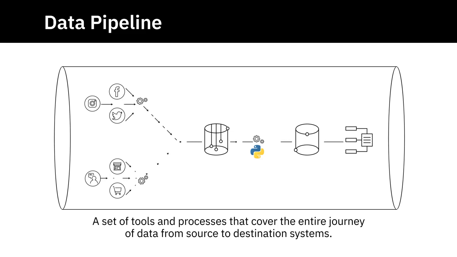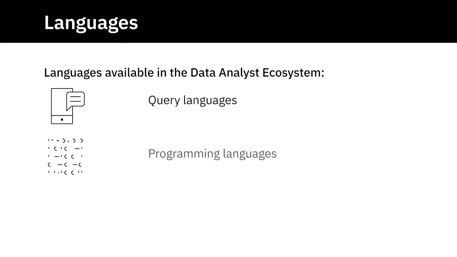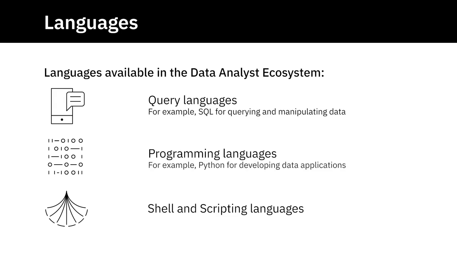The ecosystem also includes languages that can be classified as query languages, programming languages, and shell and scripting languages. From querying and manipulating data with SQL to developing data applications with Python and writing shell scripts for repetitive operational tasks, these are important components in a data engineer's workbench.